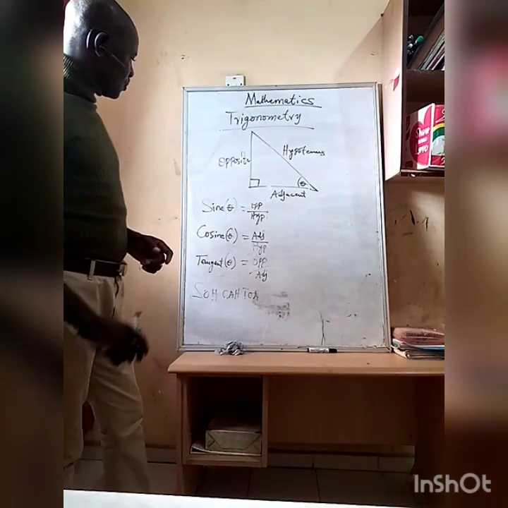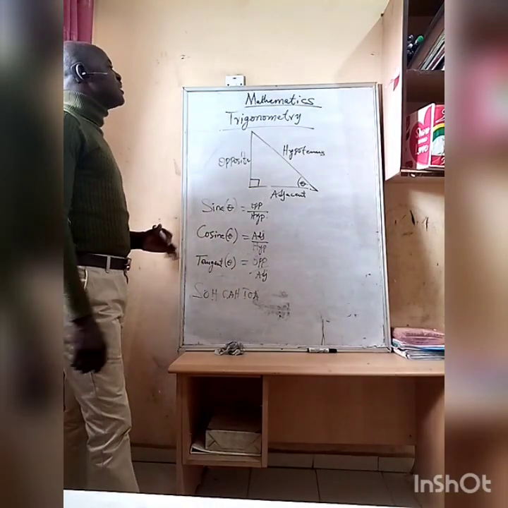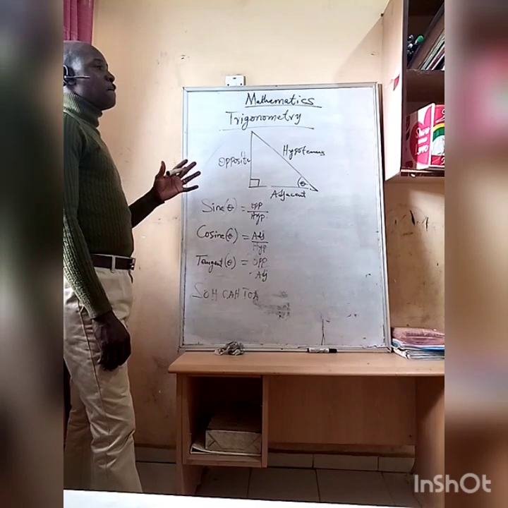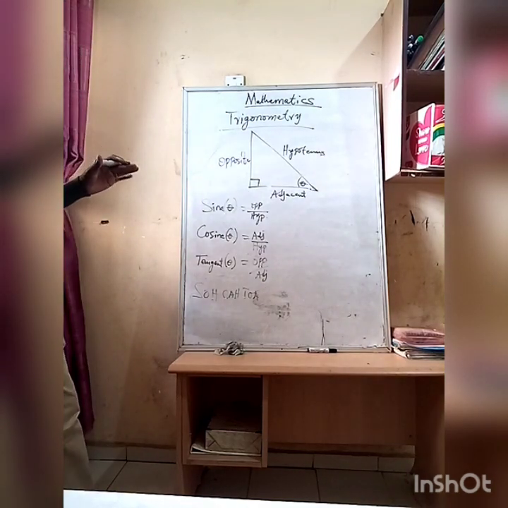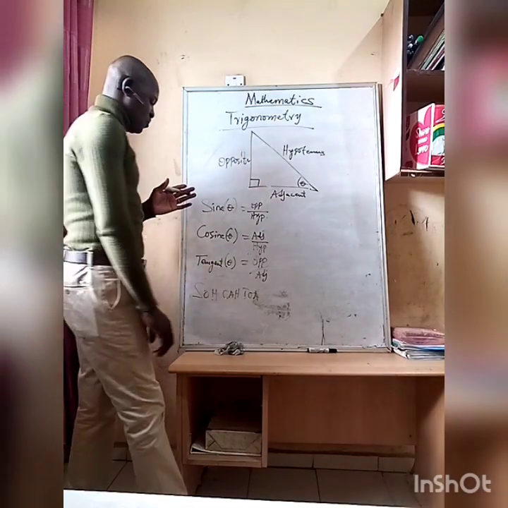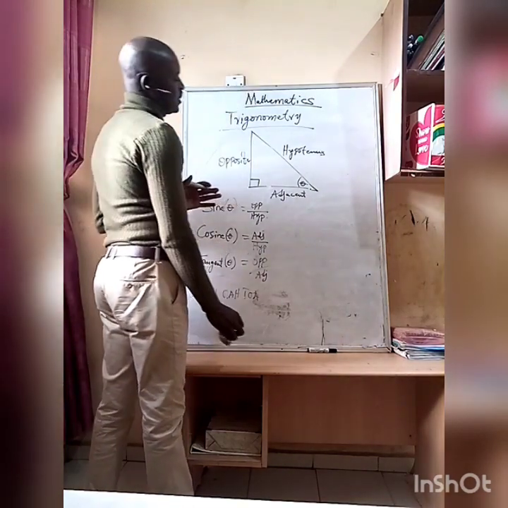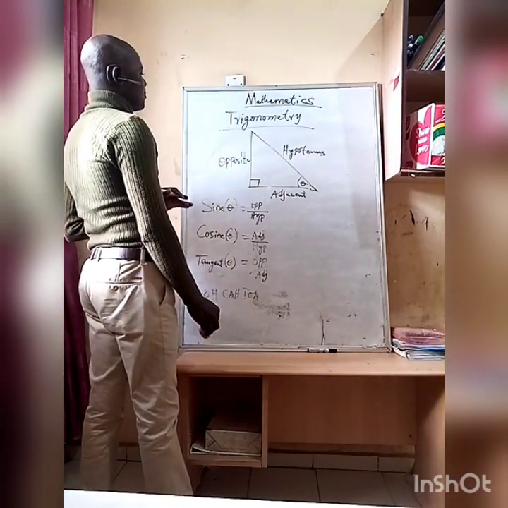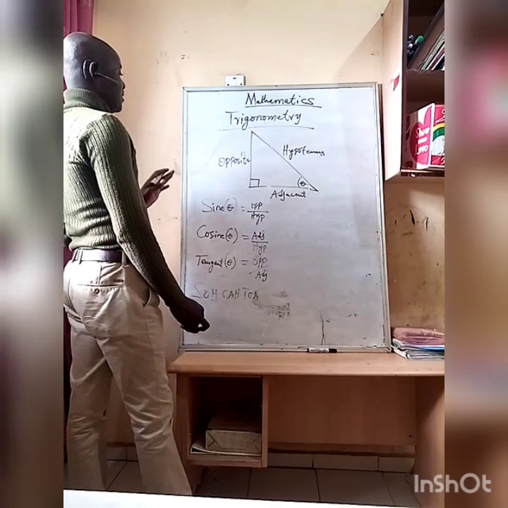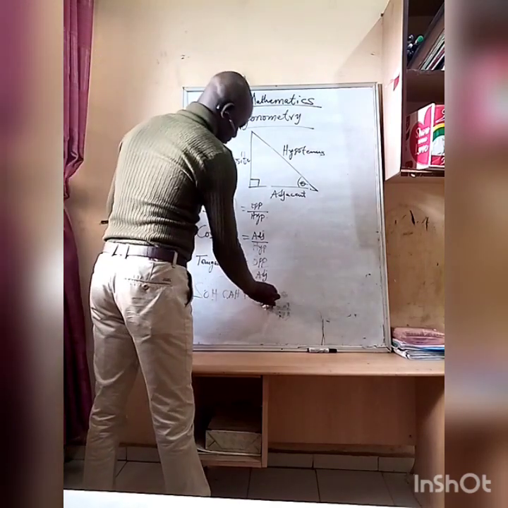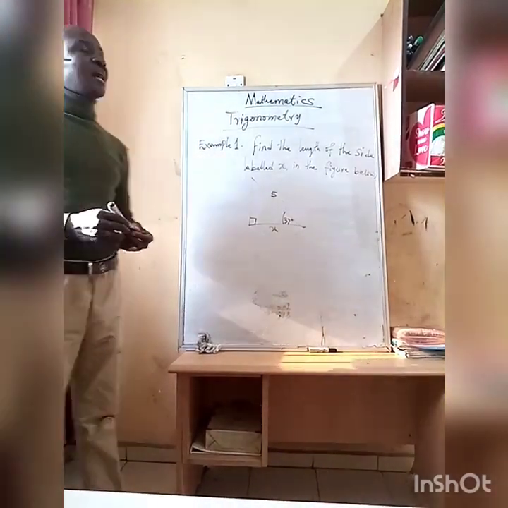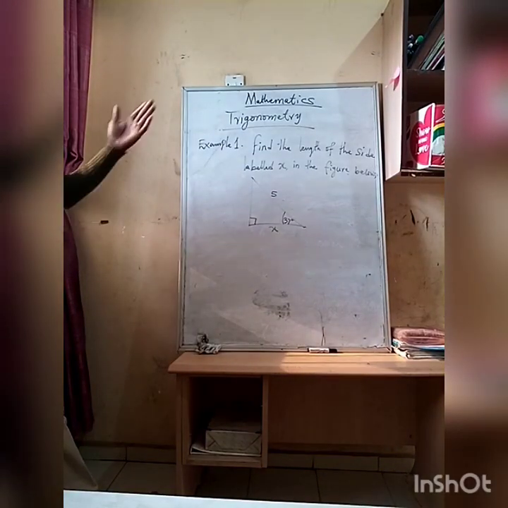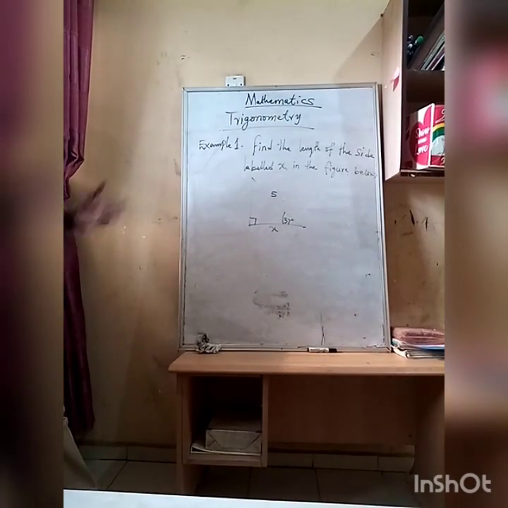Okay? Good. Now, when it comes to trigonometry at the basic level, here are a few questions that can come up. Let's say for instance we are going to find the length of the side labeled x in the figure below.